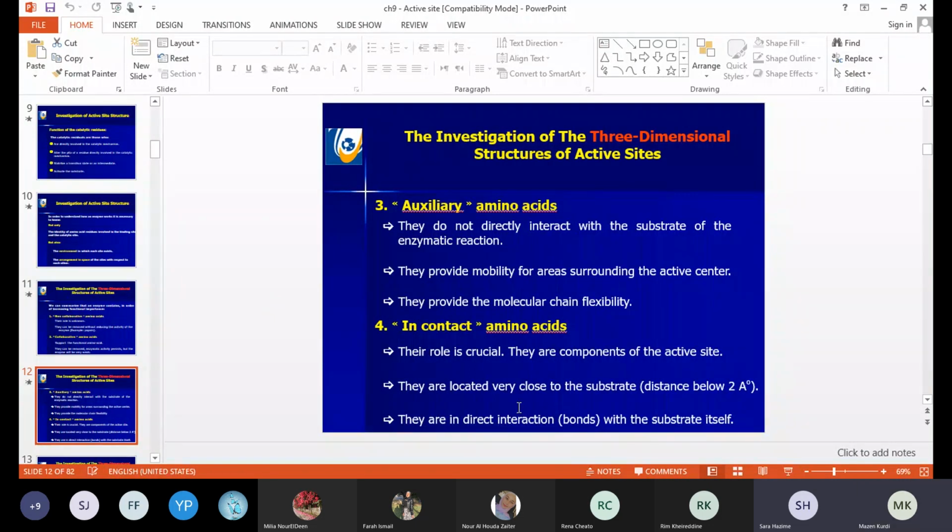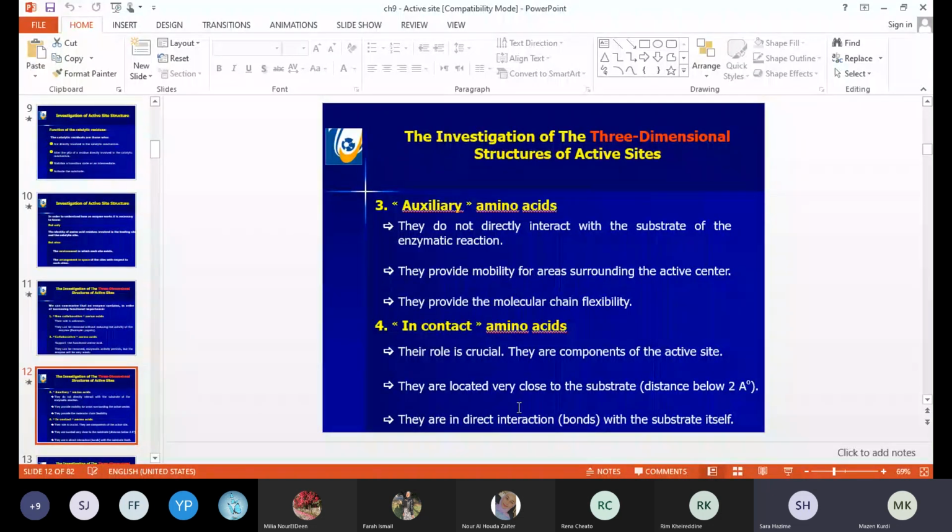بس هول كمان هن منهم component of the binding site and the catalytic site لأنه fourth type of amino acids اللي هن in contact, their role is very important. They are component of the active site.